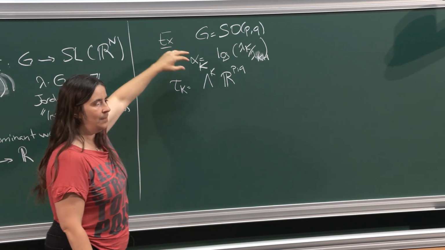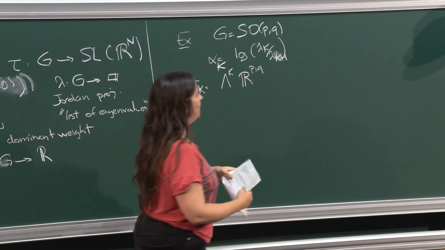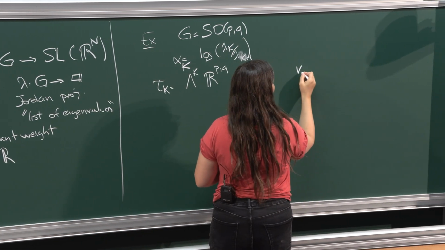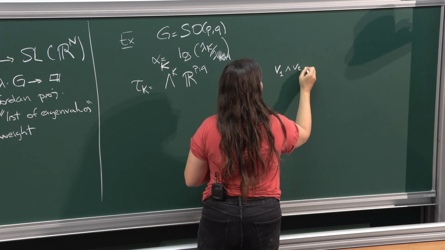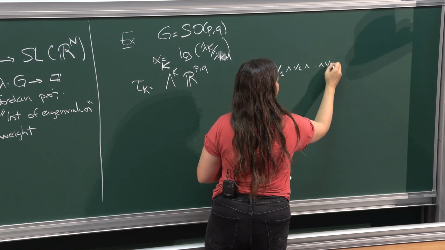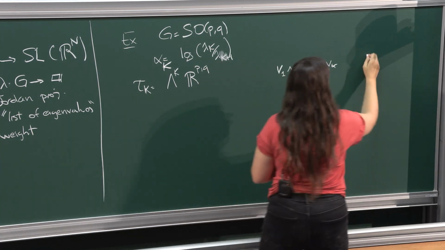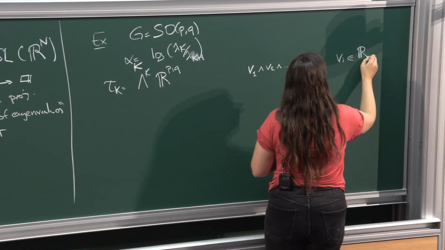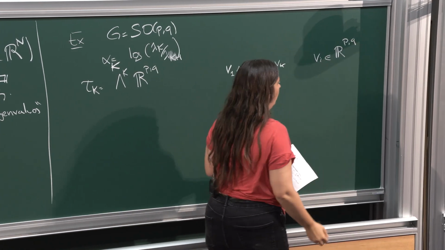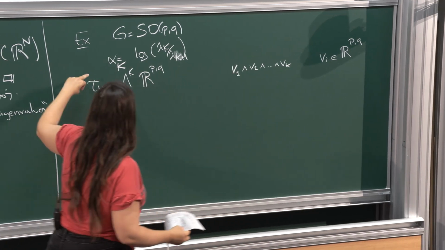So the basis consists of all elements of the form v1 wedge v2 wedge ... wedge vk, where the vi are in R^(p,q).